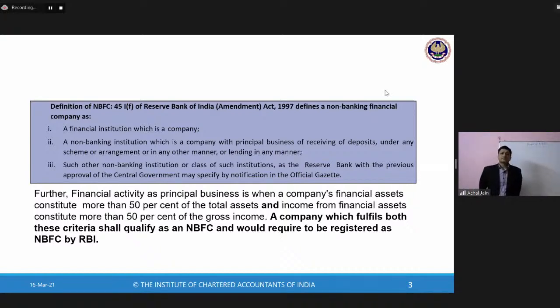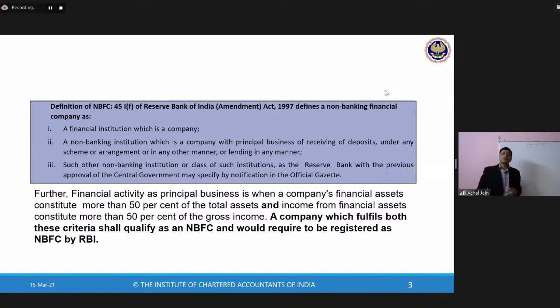Now, if the financial activities of an NBFC generate financial assets, meaning the assets generated from these activities, which I just specified, meaning they are taking money and advancing money, this is called financing activity, or financial activity.